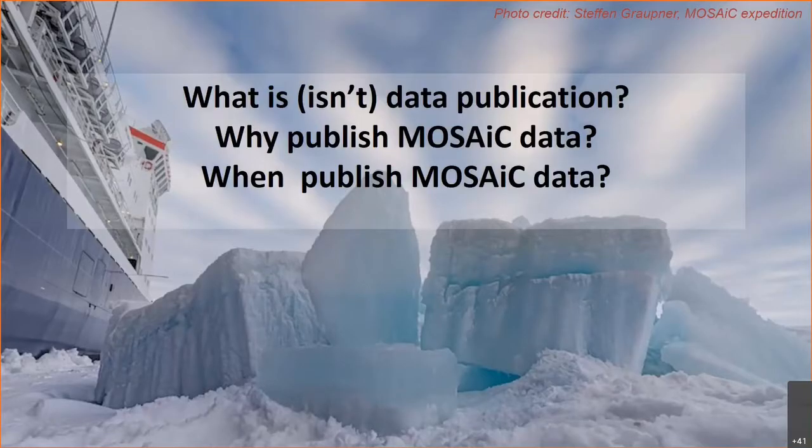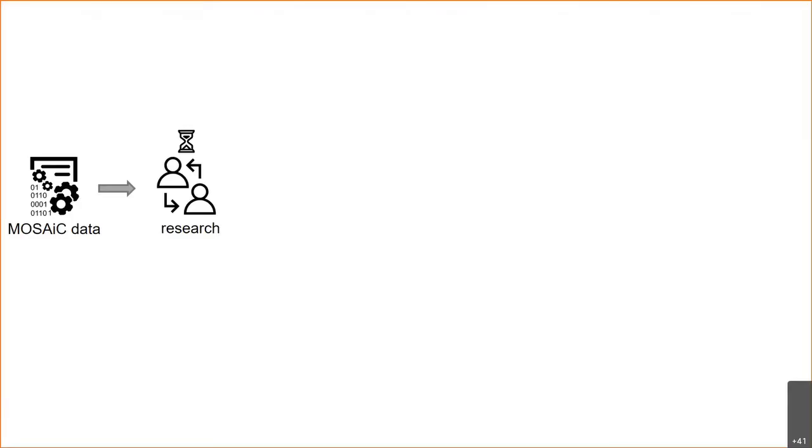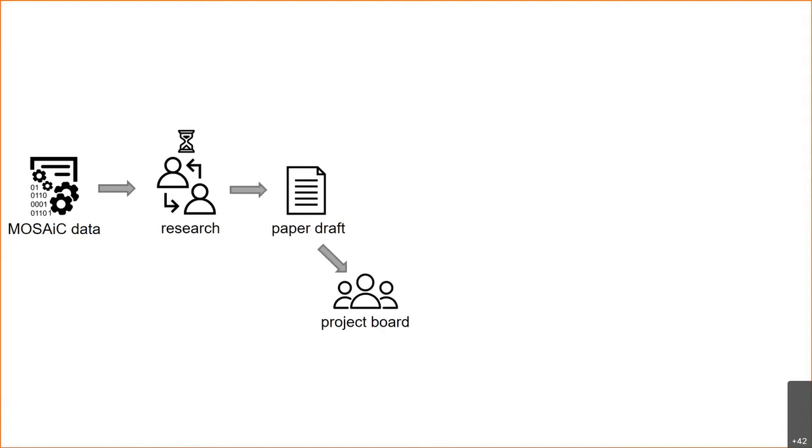So what actually is and isn't data publication, and why and when should we publish the MOSAIC data? This workflow will probably sound familiar to you. This is where the MOSAIC data are created during the expedition, and through the cooperation in your scientific team's research, you create the paper draft.